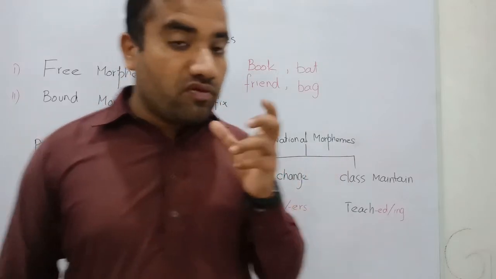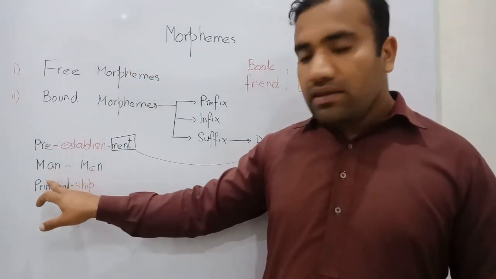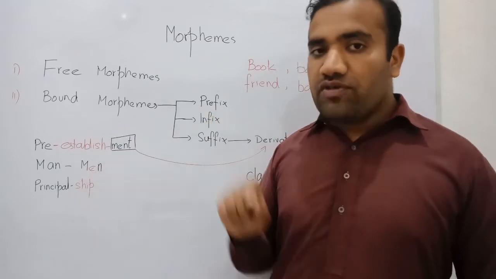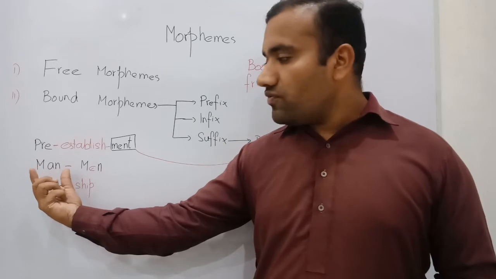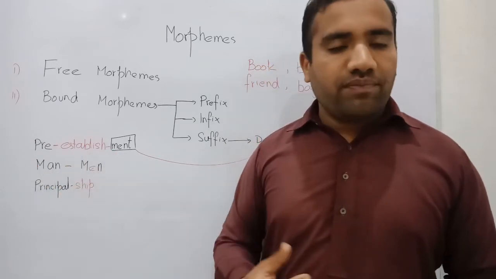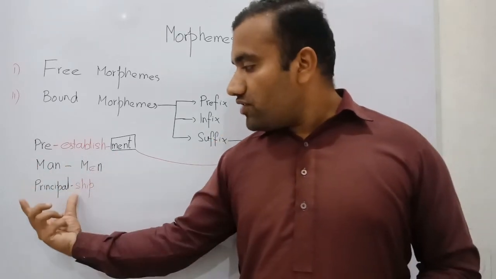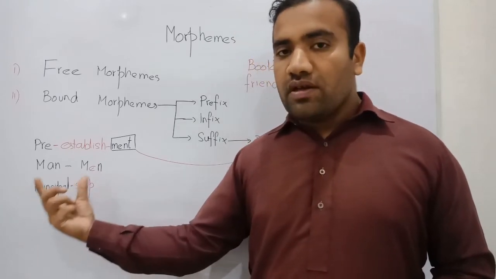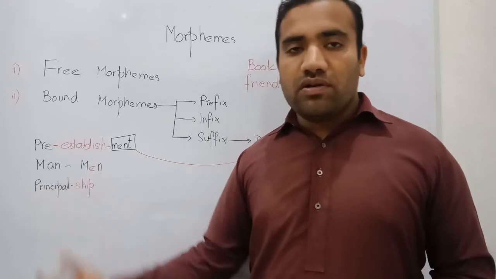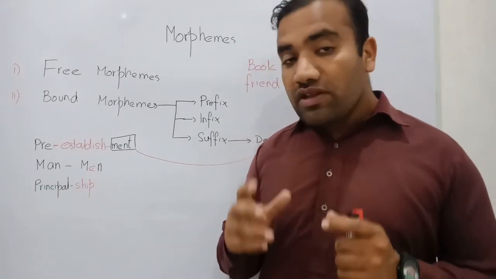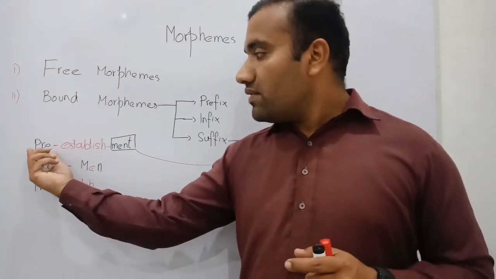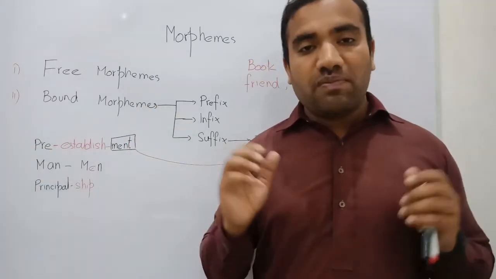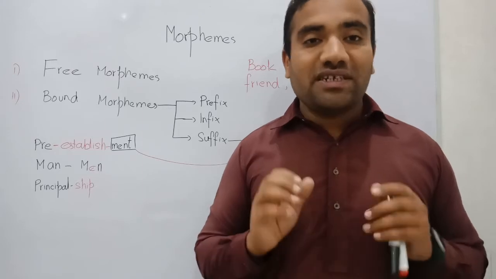When we insert man, men, we insert an infix within the morpheme, and the class of this word is totally the same. When we insert this ship to this morpheme, the class of this compound word is the same. And when we insert this morpheme to the free morpheme, the class of this word is similar. The class of this word did not change.